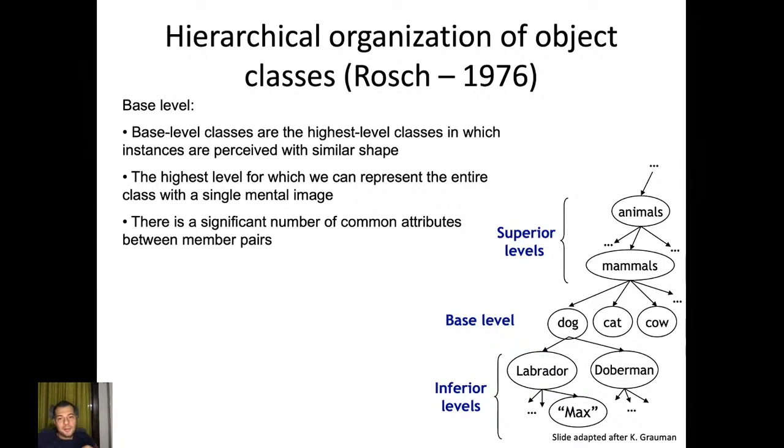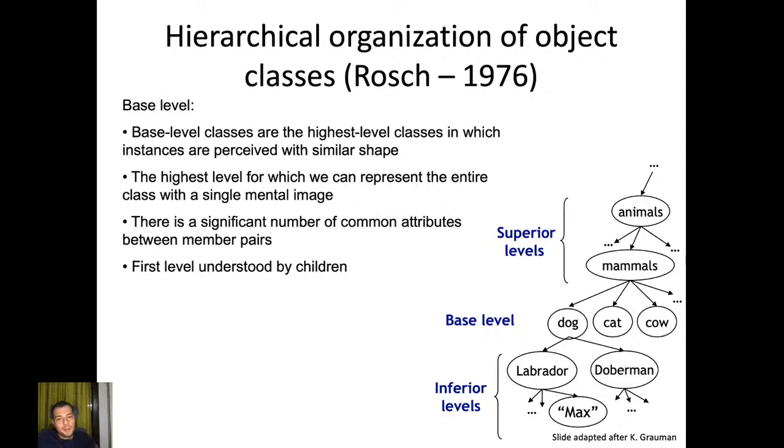Okay, so for this base level, there is a significant number of common attributes between member pairs, which can make us think of this mental picture. Having enough attributes to build a mental picture is the base level of object classes.